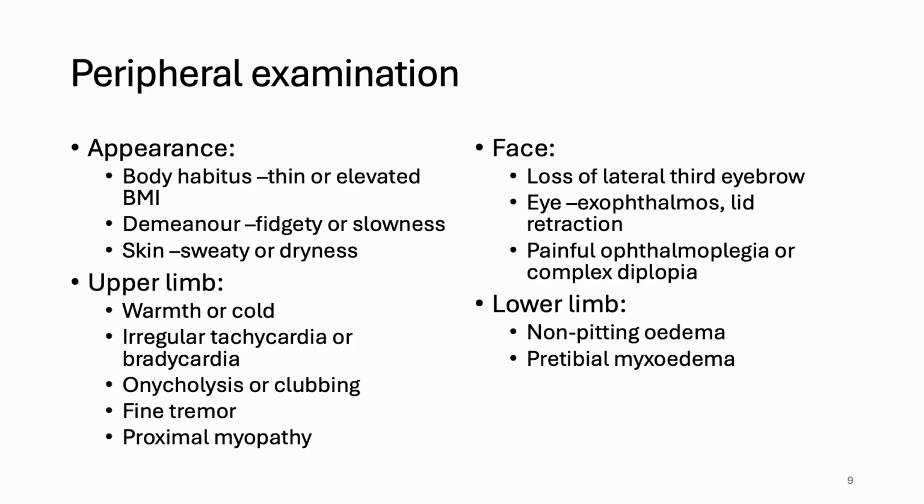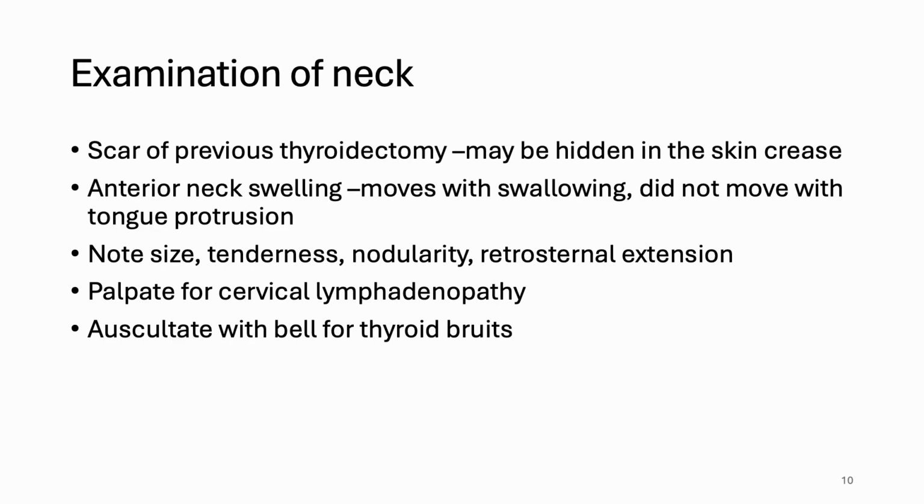On the lower limb, you should look for whether the patient is having a non-pitting edema or there's a pretibial myxedema in Graves disease. Peripheral examinations would inform a candidate of the patient's thyroid status, whether the patient is euthyroid, thyrotoxic, or hypothyroid, before the candidate proceeds with the examination of the neck.